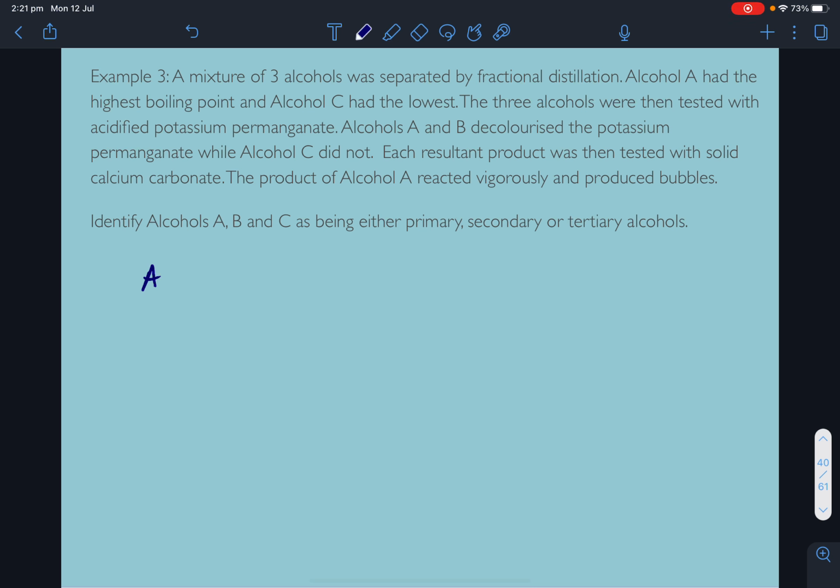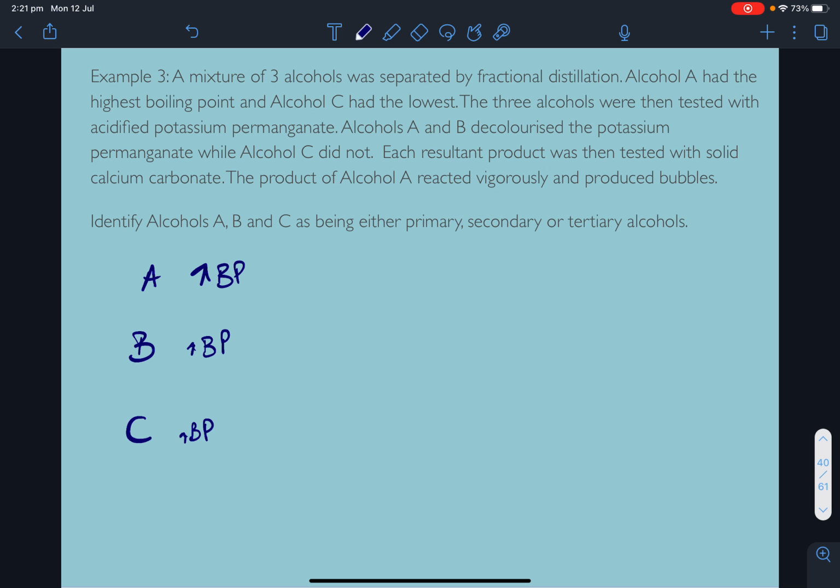Let's write down what we know. A had the highest boiling point, and C the lowest. They were tested with potassium permanganate.